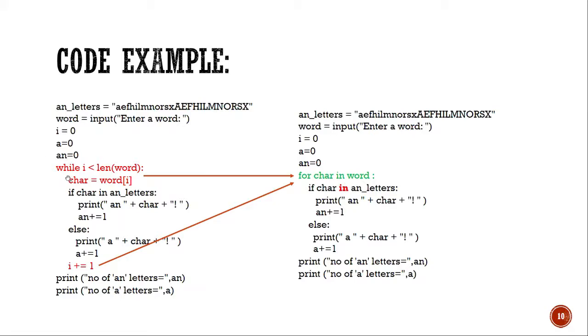Rather than saying while the index is less than the length of the word, and every time defining the variable char to be the letter in the word at index i, what we can do is replace this with a for loop of char in the word that we have as an input, and then check if this character is in the set of letters.